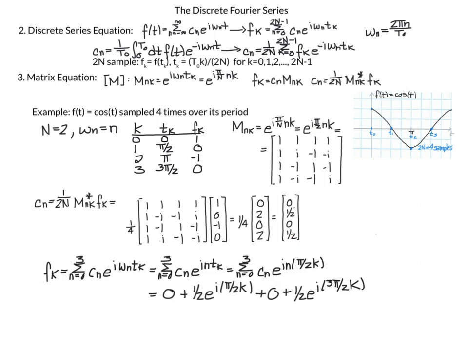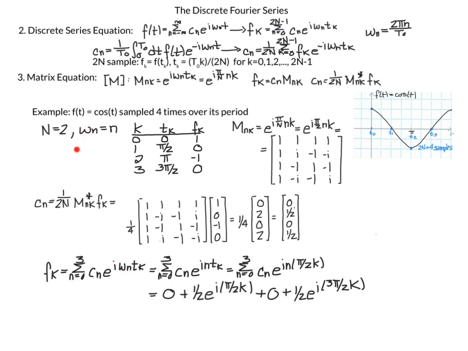Now plugging our coefficients into our formula for f of k, and our formula for f of k is up here at the top when we first talked about discrete Fourier systems and we have our formulas. So the formula is summation n equals 0 to 3, c sub n, e to the i omega n t k. The first thing is omega n.